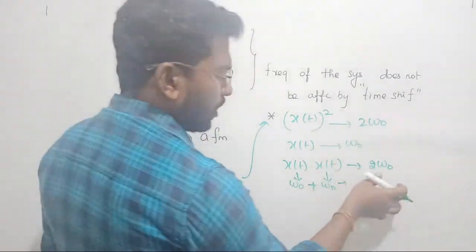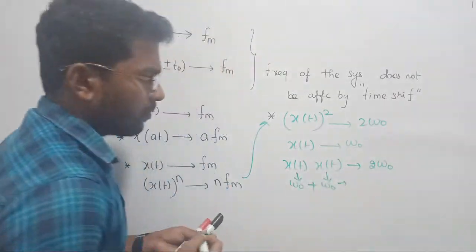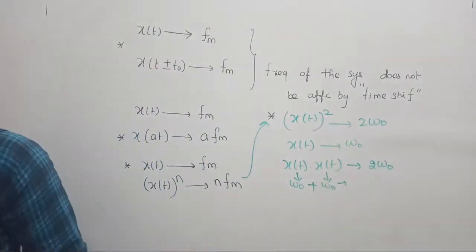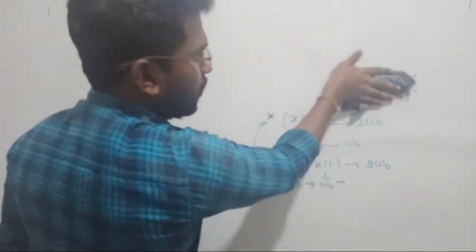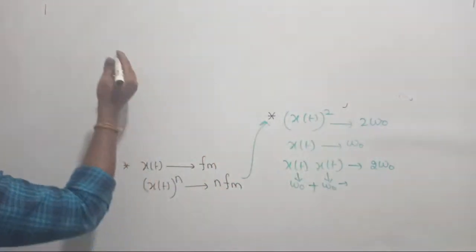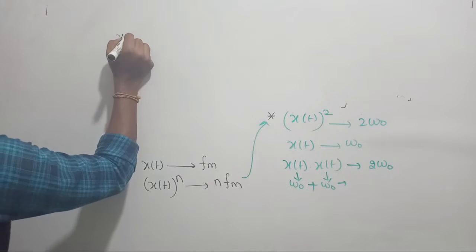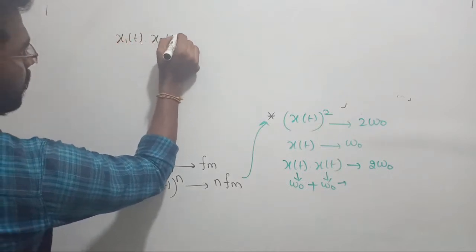So from this let me define. So the conclusion is, let us define x1 of t dot x2 of t. I have two different signals.